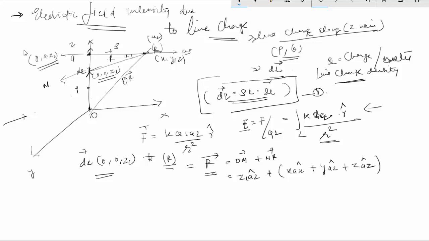If this is a problem which is given, and you have the values of x, y, z, it's directly possible to calculate it from here. But if you don't have the values, it's possible to take this into spherical coordinates, or rather cylindrical coordinates.